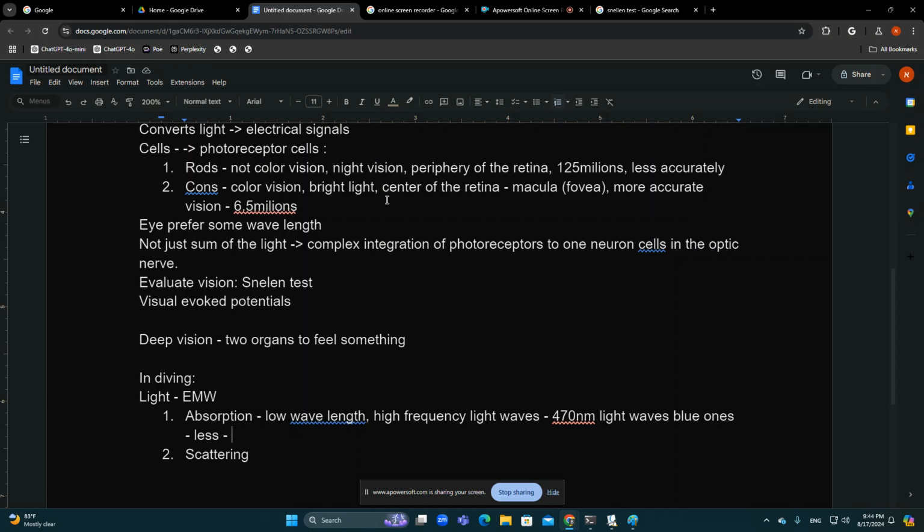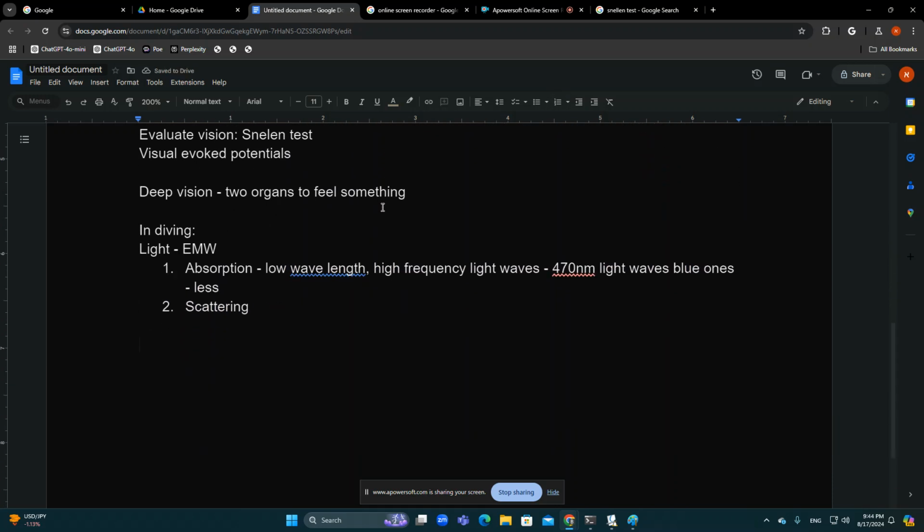So if they are not absorbed, you can see them. So this is why absorption and scattering are important, because this is the reason we don't see very far in the sea, especially if it's not very clear.